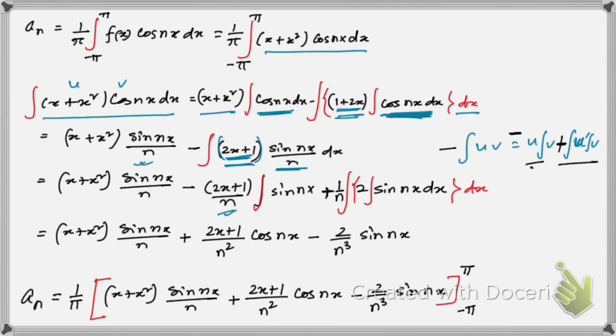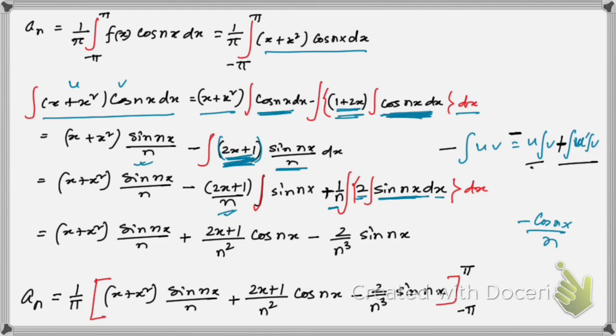I hope you can understand this, being the student of BSc. So here you see, and derivative of this twice x plus 1, that will be only 2, and that is sine nx dx, and 2 is taken out here, n, and here you see, if you integrate this, you will get minus cos nx by n, right?